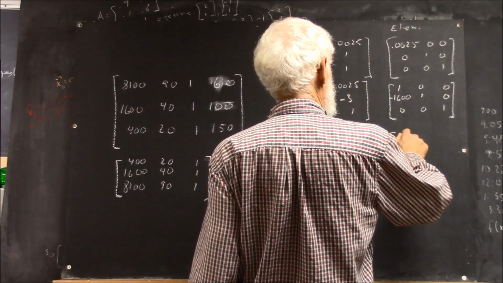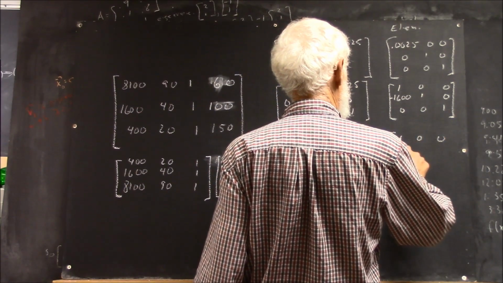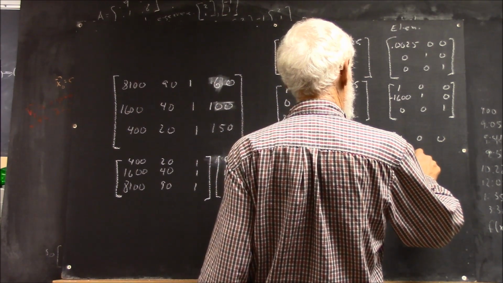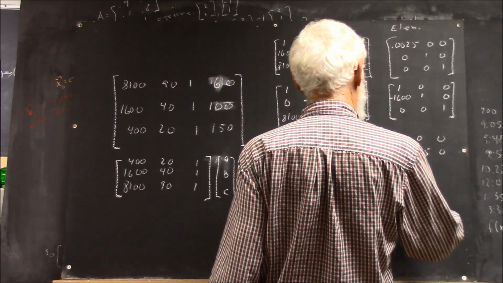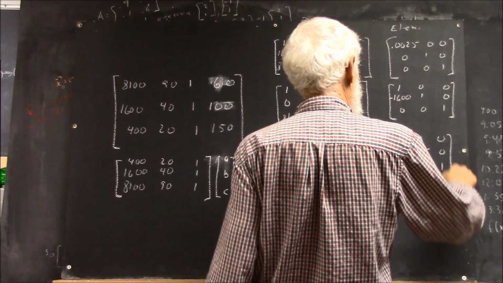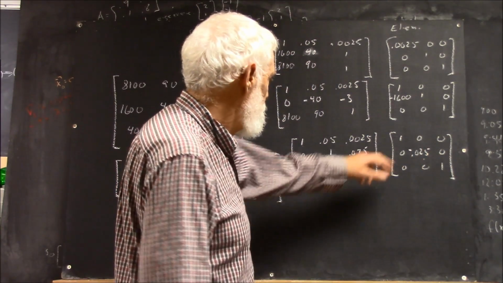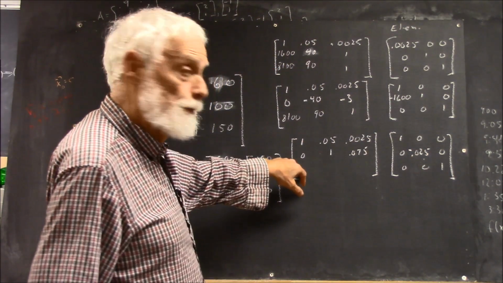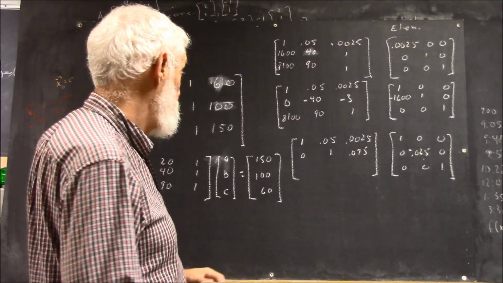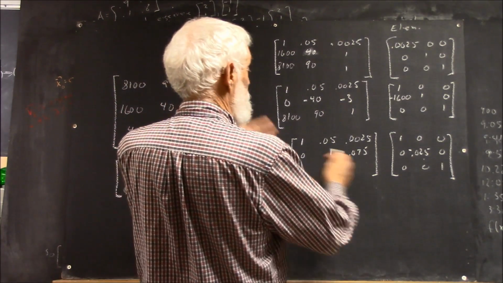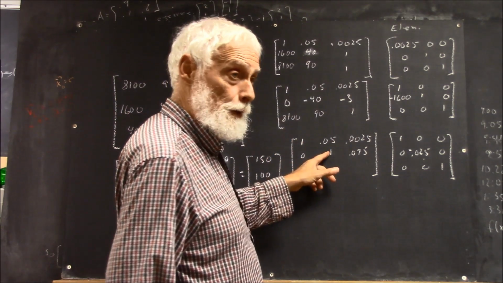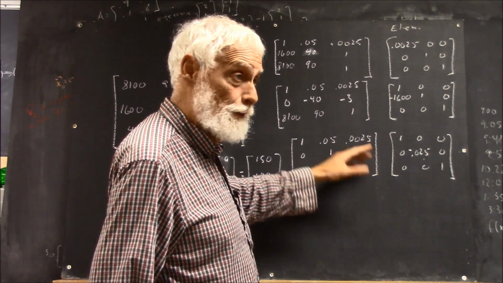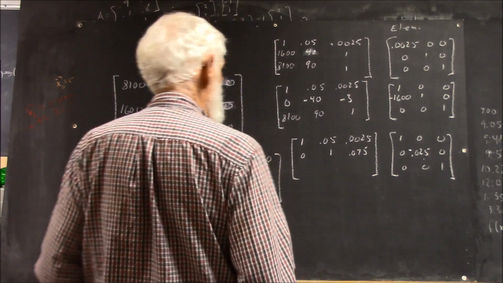So my elementary matrix will be this. And I divide it by negative 40. So there's my elementary matrix, which when multiplied by this gives me this. Okay? So you see my upper triangular form is coming about nicely. And I have ones here. I'm not going to bother getting a 1 down here when I finally get this row done.